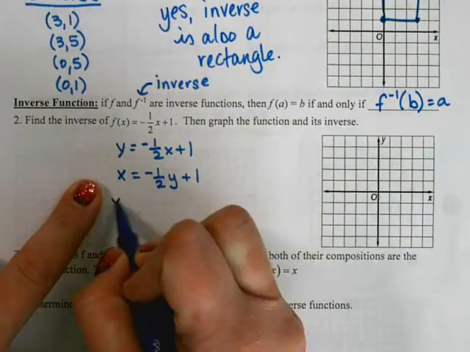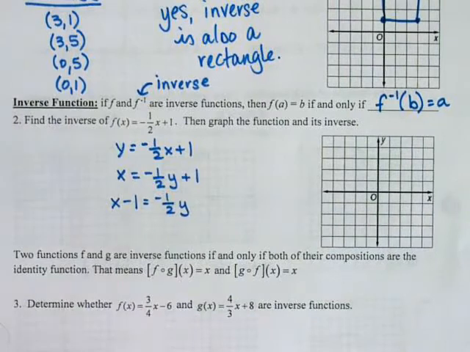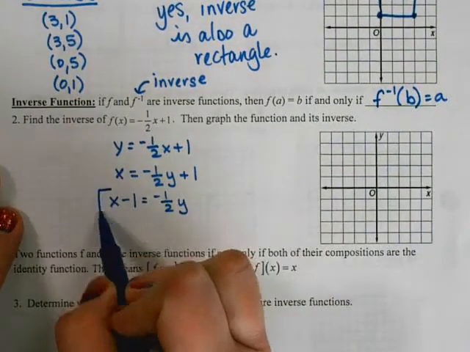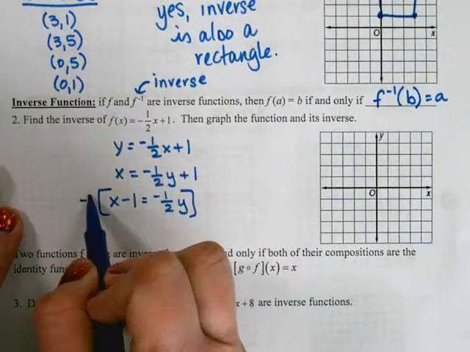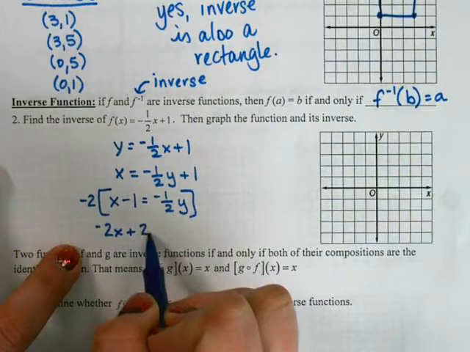Subtract 1. Then what? Multiply by negative 2? Is that what you said? Yep, sure did. So I get negative 2x plus 2 equals y.